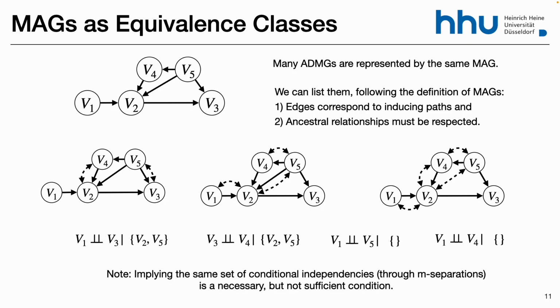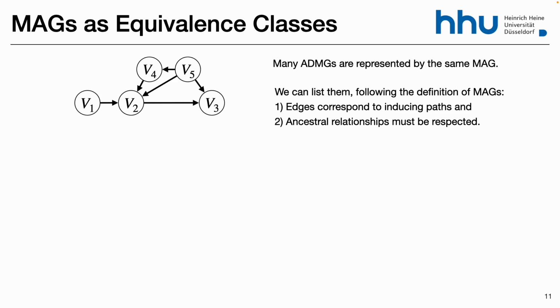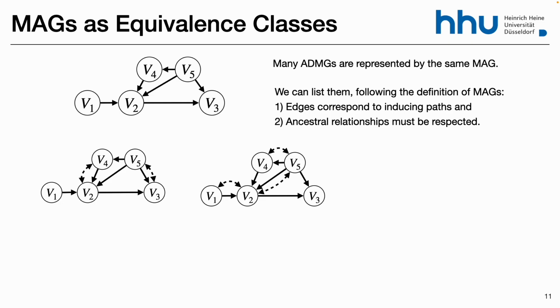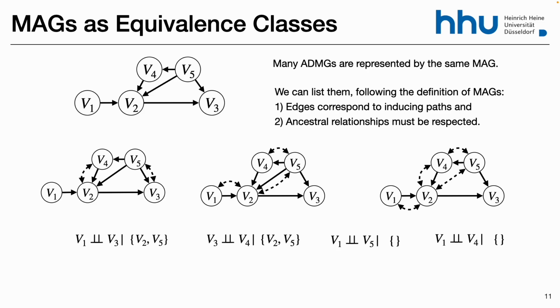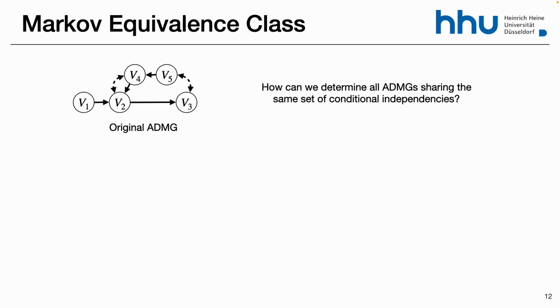What is the object? It's a PAG. So if I ask you how we can determine all ADMGs that share the same conditional dependencies, if I just start by listing those that are represented by the same MAG, it's just a subset. It's not all of them, because they can be part of other MAGs, but part of the same PAG, right?